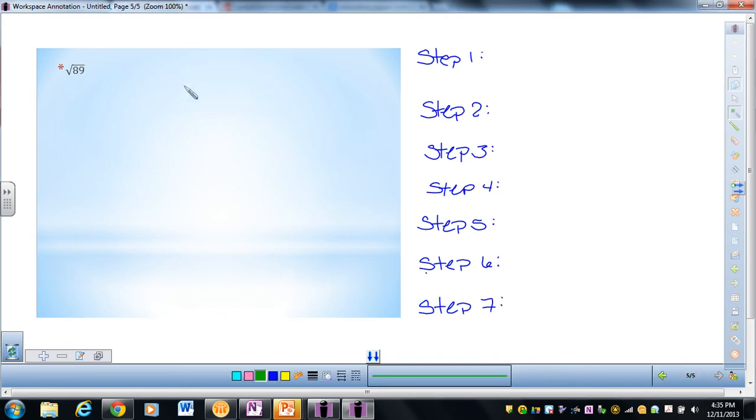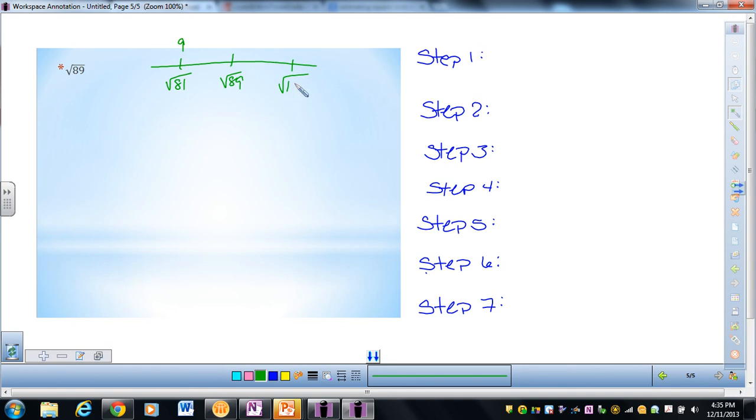And I have one more to do with you. And again, you are going to fill in these steps. And I'm going to look to make sure that you have those filled in, so make sure you take care of that. And first, I need to figure out what comes before the square root of 89 and what comes after the square root of 89. Well, I know that 81 is a perfect square and that the square root of 81 is 9, and that's pretty close, right?